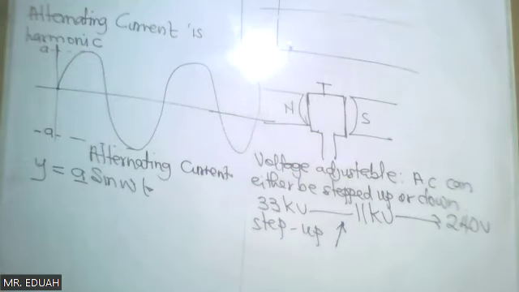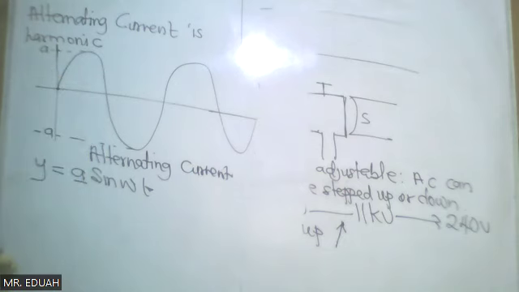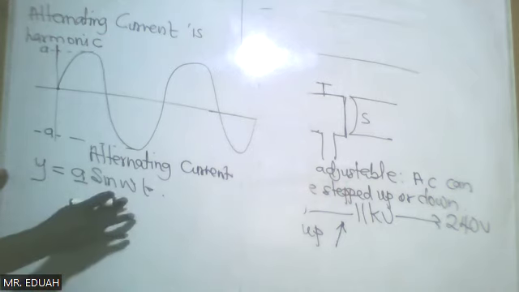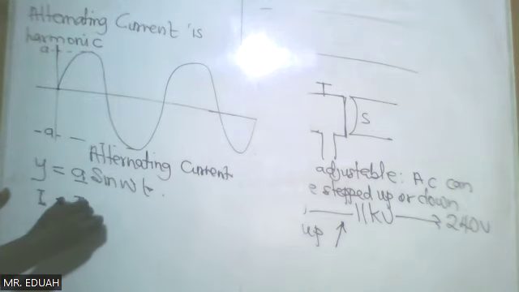Because AC is also a harmonic function, its graphical representation is this. Mathematically, how do we represent alternating current? It is represented like the displacement equation of a body executing SHM. So I, whether capital I or small I, is equal to Im sin omega t.